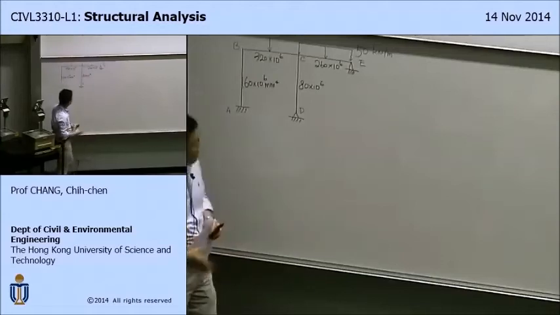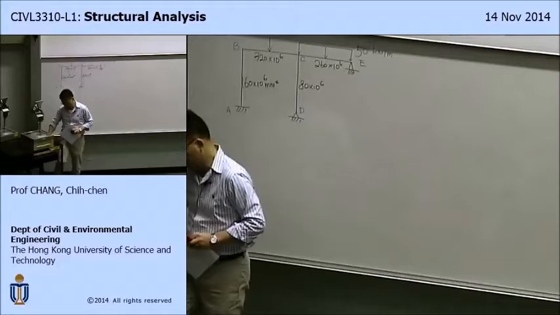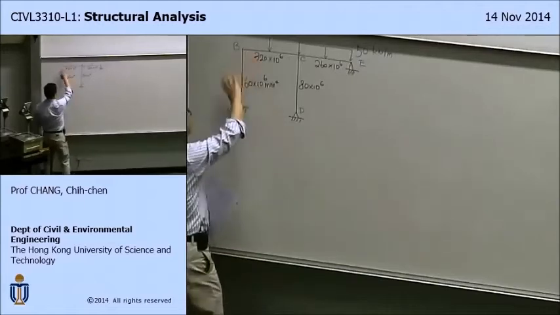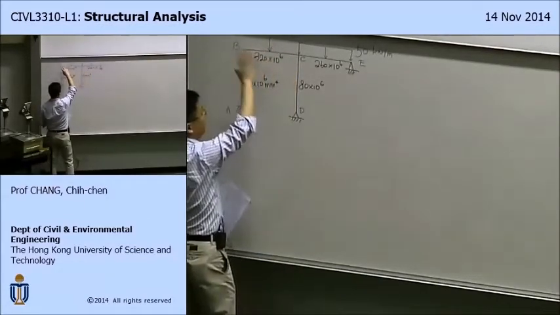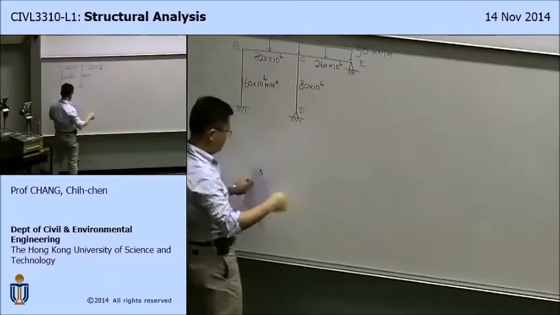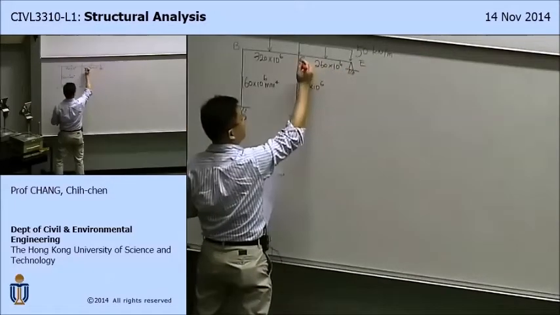Okay. So first you need to draw the deformation shape and identify degrees of freedom. So this is a frame under top loads. So most likely the beams here will be deflected downward. So let's start from the right-hand side.